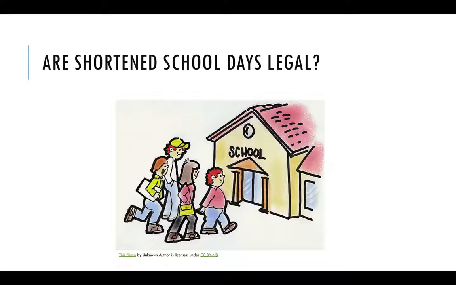Because of connecting with other buildings and picking up other students, they need to leave 15 minutes early. That is an inappropriate use of shortened school days. So you can't shorten a student's school day because it's more convenient for transportation. There have been similar issues like this that have been investigated by the Office of Civil Rights, even for these kinds of shortened school days as far as transportation goes.